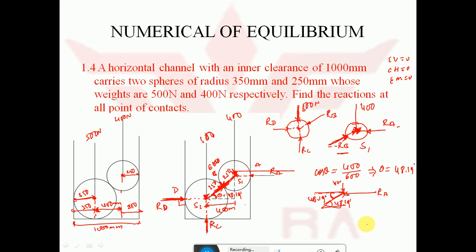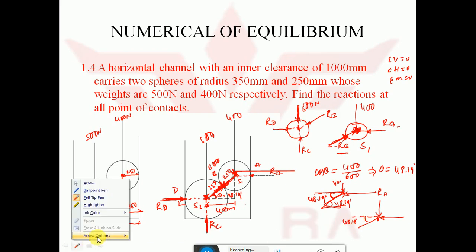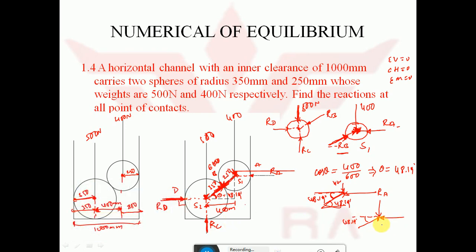So if I show this diagram once again, this is making an angle of 48.19 degrees. So if I go for the solution, if I resolve this vertical force, this is RB, this is RA, and this is equal to 400. Okay, 400 is the force acting here.